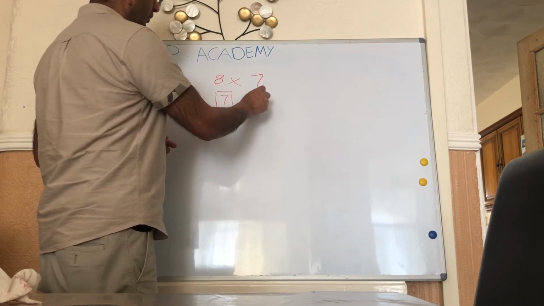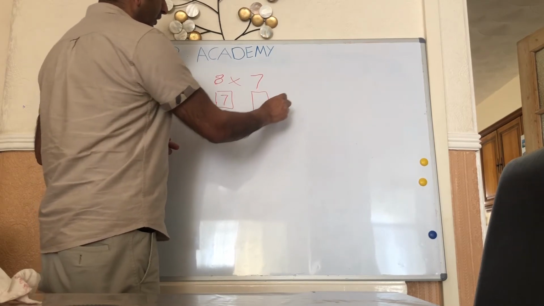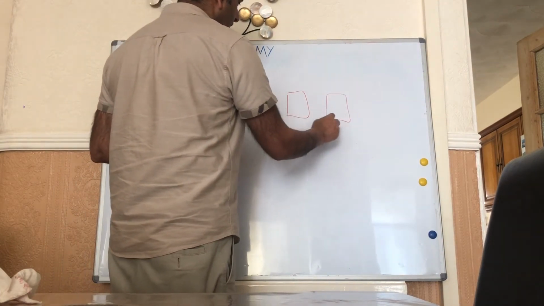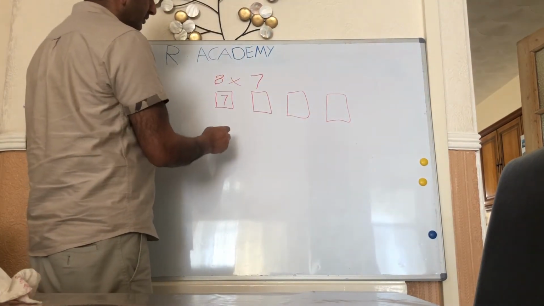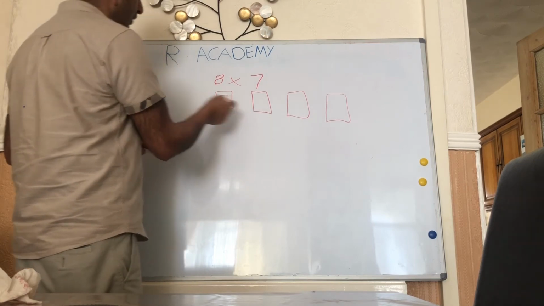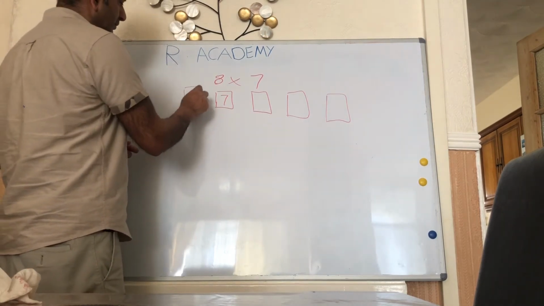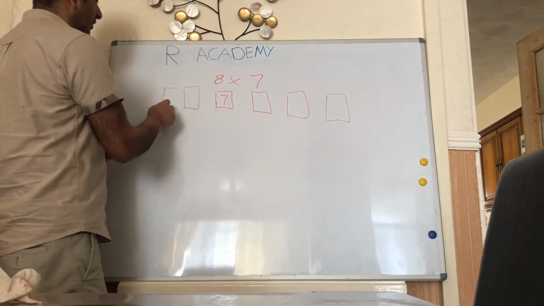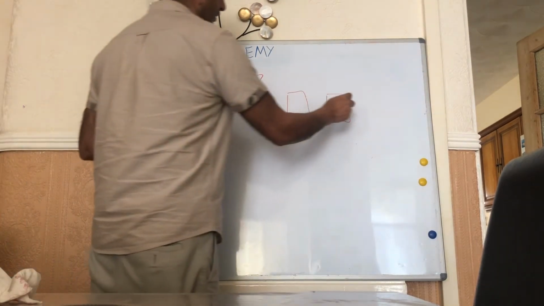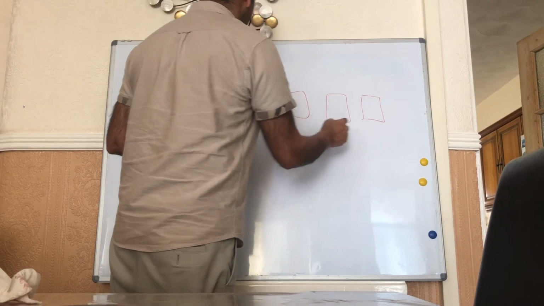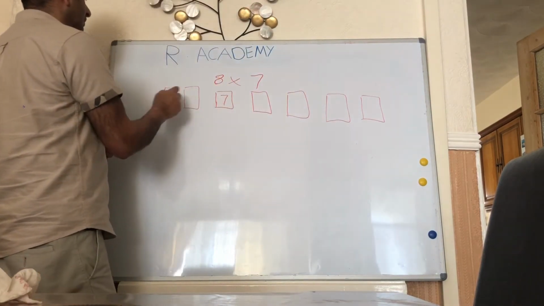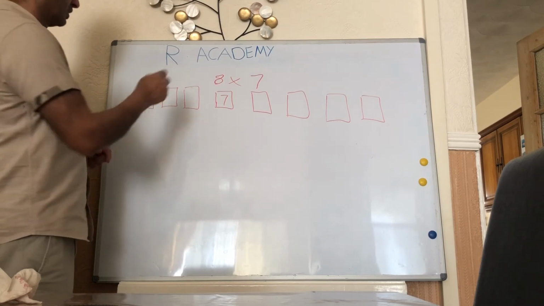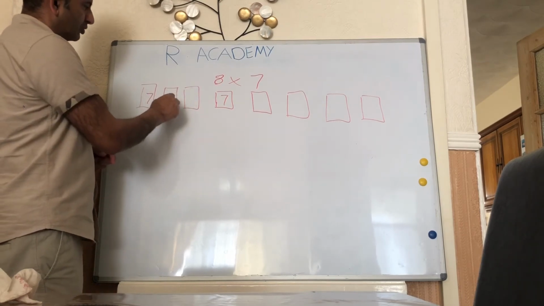And then you could do another one, and another one, and another one, until you get to 8. So if you drew 8 of them, 7s, 1, 2, 3, 4, 5, 6, 7, 8. Yeah? You've got 8 boxes now, containers, with 7 in each.